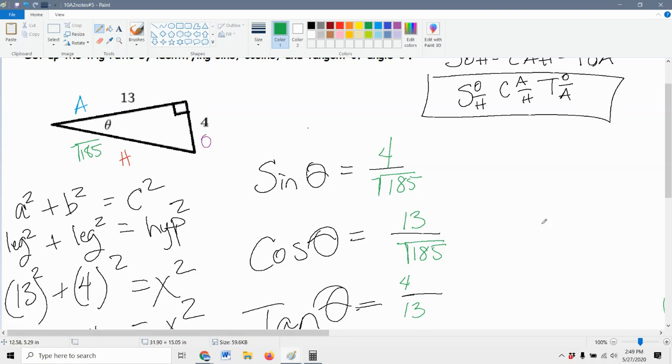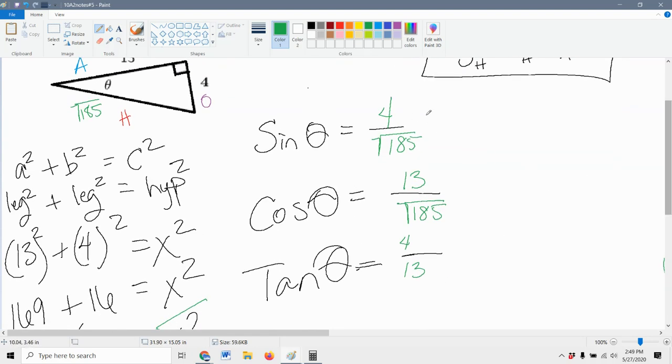Now, guys, I'm not going to count it wrong like this, but we really don't like to have radicals in the denominator. To get rid of that radical in the denominator, we just multiply by 1, or in this case, the square root of 185 over the square root of 185.